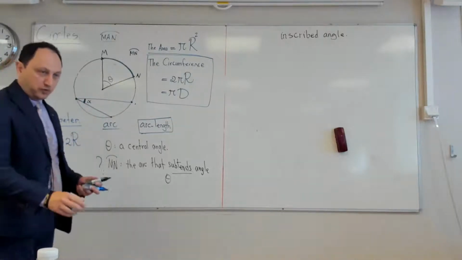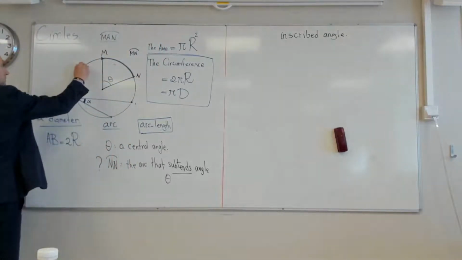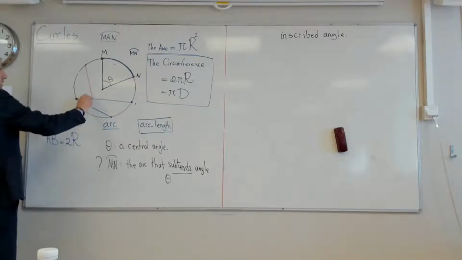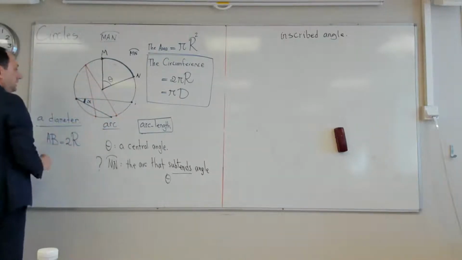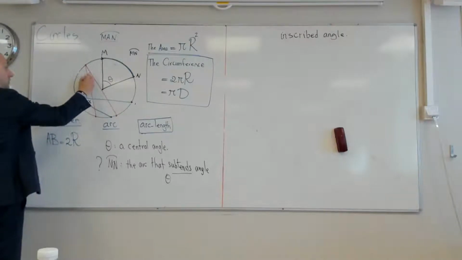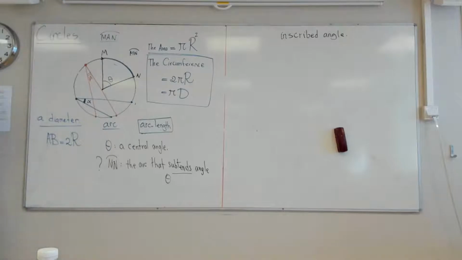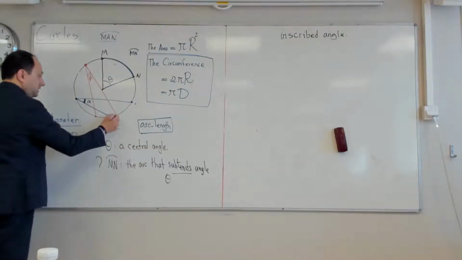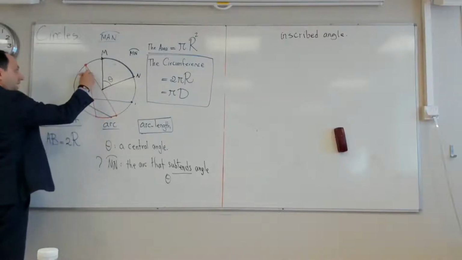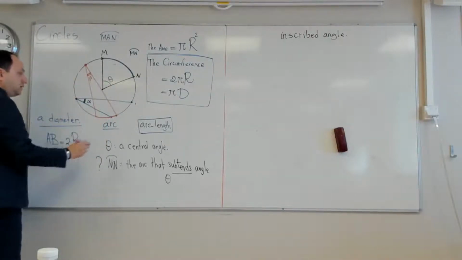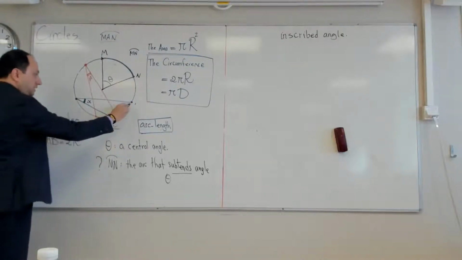For example, if I want to draw another one, you can take this point, connect it here, and then connect it, for example, there. And this angle, let me call it beta. This is also an inscribed angle. So this is the arc subtended by this angle, from here to here.